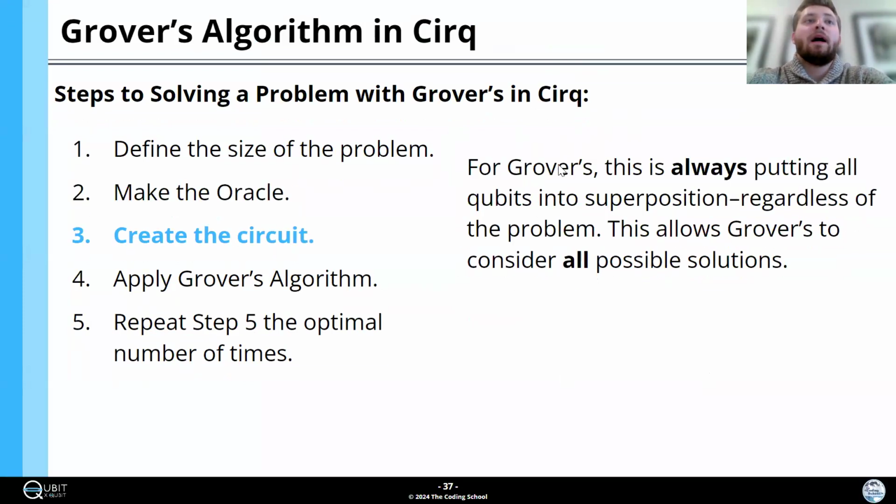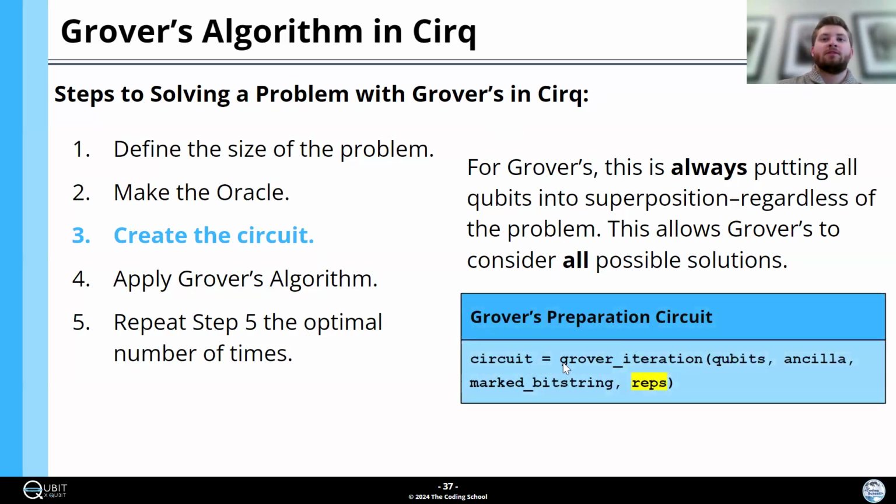All right, step 3 for Grover's. This is always putting all qubits into superposition regardless of the problem. This allows Grover's to consider all possible solutions. So when you're creating the circuit, remember the first step is always applying H to every qubit.